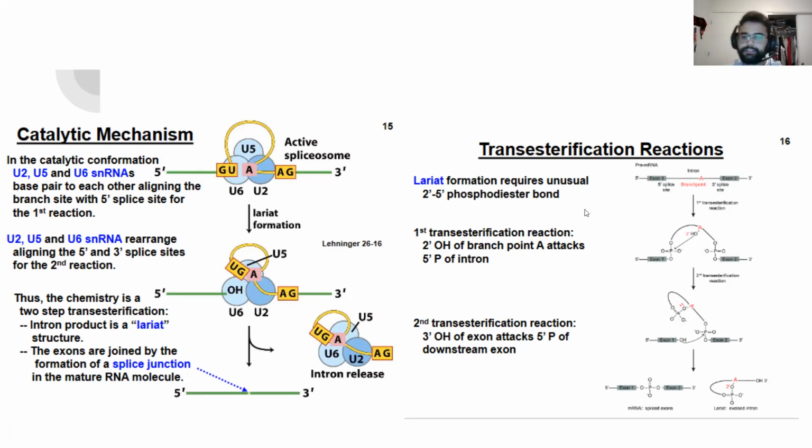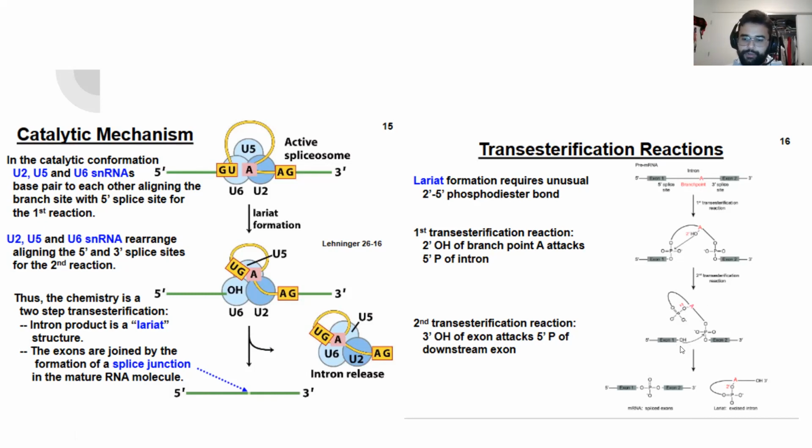So it's a lot easier to look at it in a more chemistry sense. I know the picture right here is a little bit off, but if you look at Dr. Duma's lectures, it makes a little bit more sense. So we see the intron right here. In our branch point A, remember that we have that hydroxy group. The hydroxy group is actually going to attack a phosphoryl group that's located right here. Then we form that lariat that we see right here.